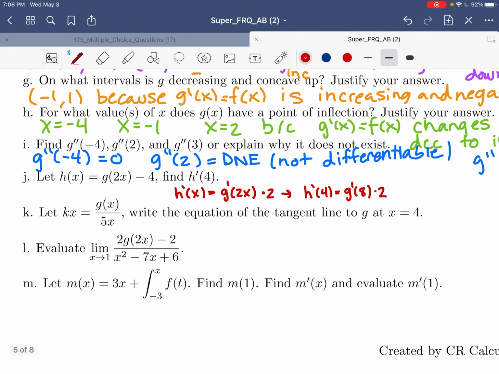And if you notice, we don't even have an 8 on this problem. This is a typo. I think this was supposed to be like the 4 was on the inside, but if they ever give you this, you can't solve it.